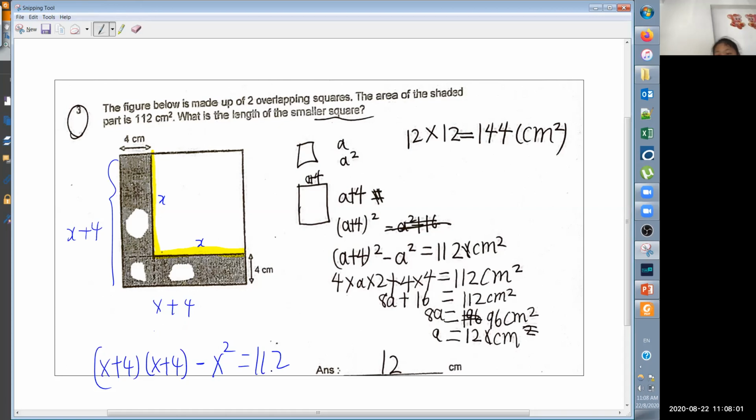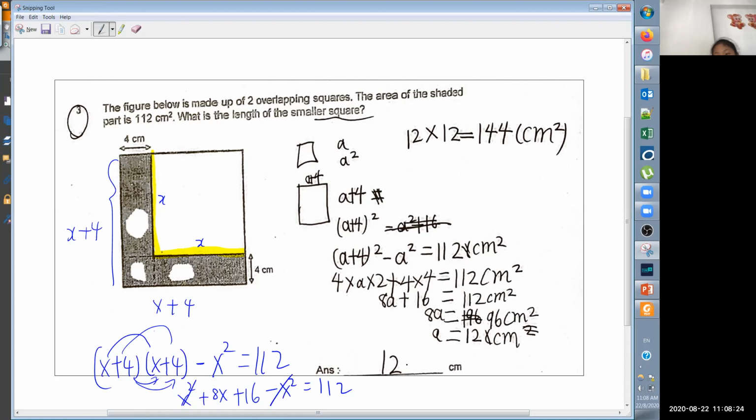So you should end up with x squared plus 8x plus 16 minus x squared equals 112, and the x squared terms cancel each other.